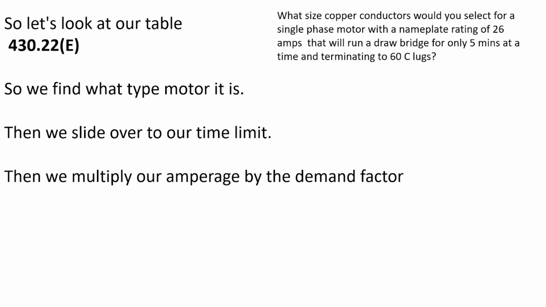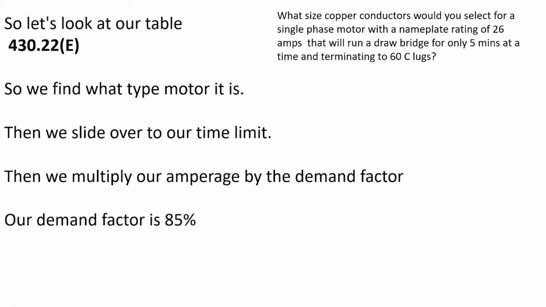If you're ever confused on something when you're taking your test and you know you're in the right code article, read the code how it states it and just take it at face value. If it says do the FLC, do the FLC. If it says do the nameplate rating, do the nameplate rating. If you're ever confused anywhere in the codebook, just read it exactly like it says it, because that's likely the way whatever question you're facing is going to answer it, exactly how the codebook says it.